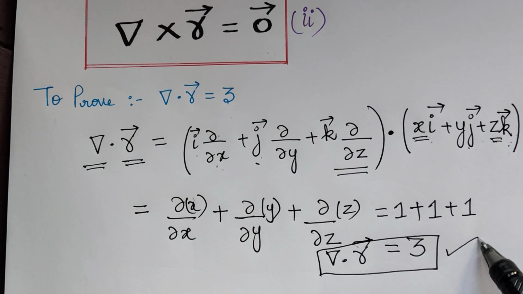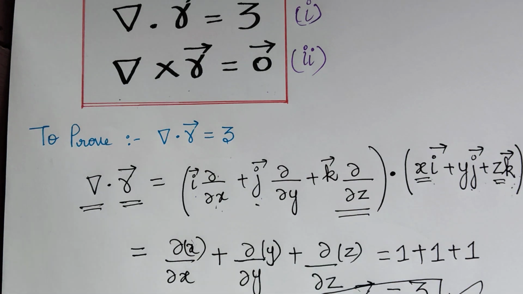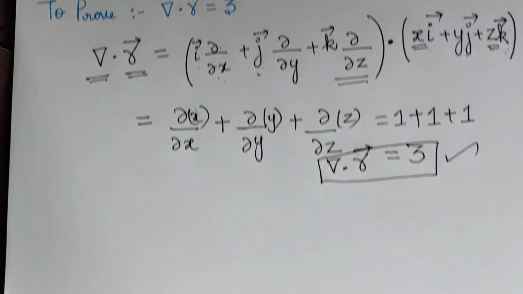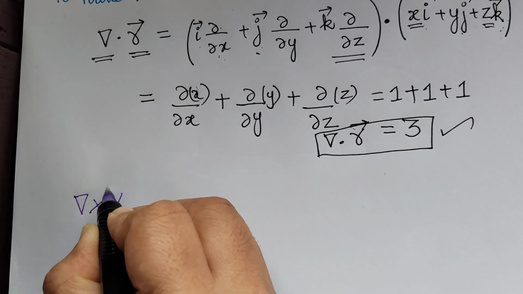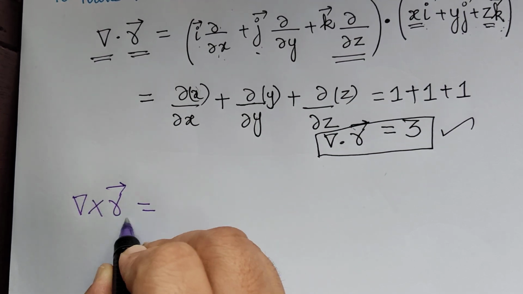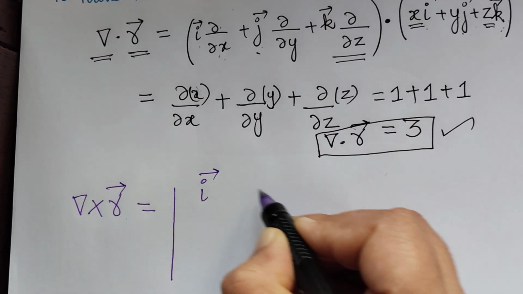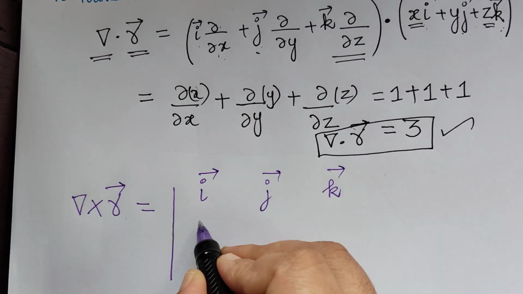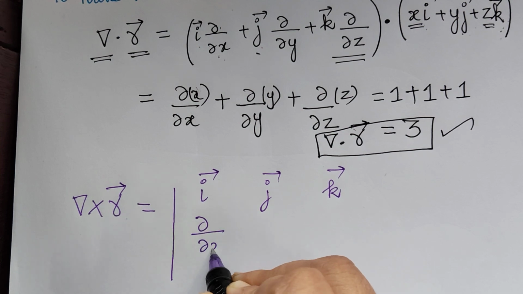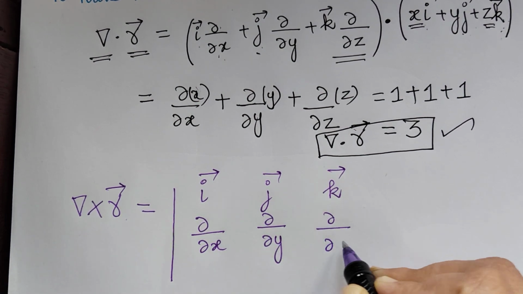Next we have to prove that nabla cross r vector is equal to 0 vector. So in order to prove that, we shall write what is nabla cross r vector. We know that the cross product is given by the determinant of i vector, j vector, k vector, and here we have dou by dou x, dou by dou y and dou by dou z.